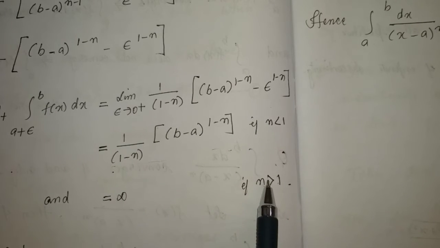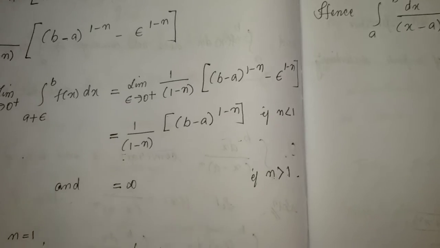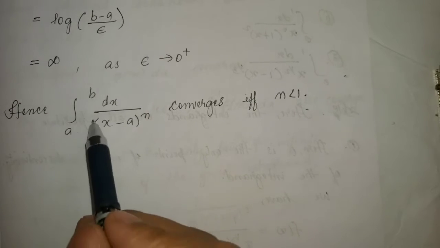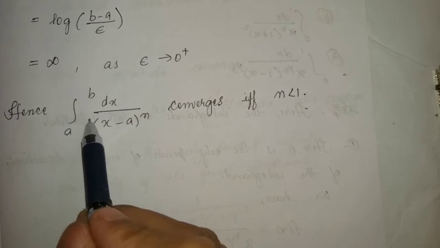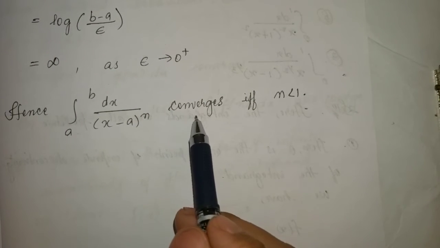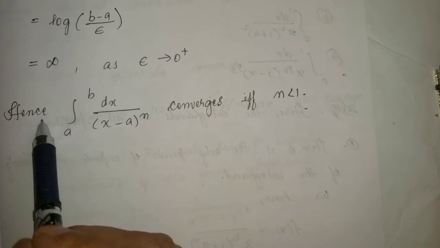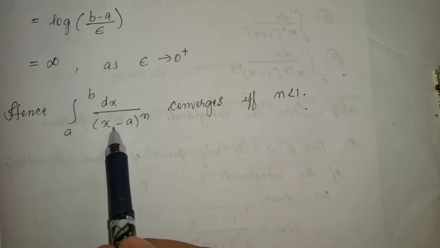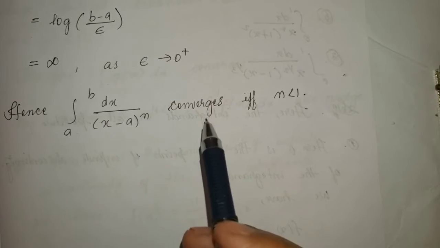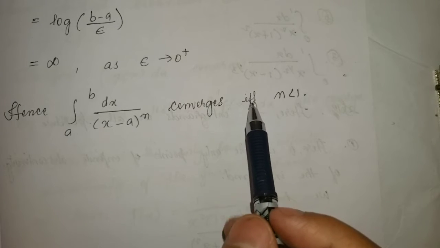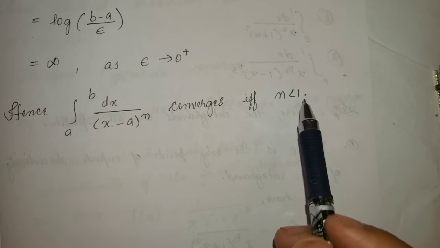But if n is greater than 1, or if n is equal to 1, then this integration diverges. Therefore, the integral from a to b of dx by x minus a to the power n converges if and only if n is less than 1.